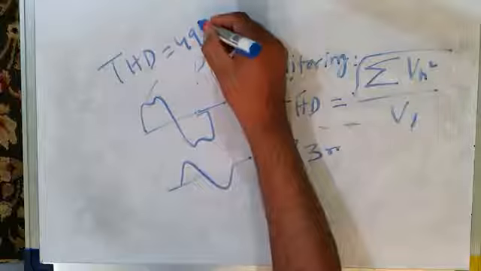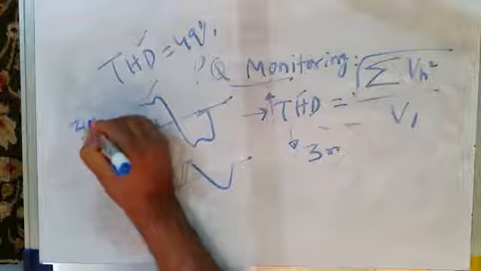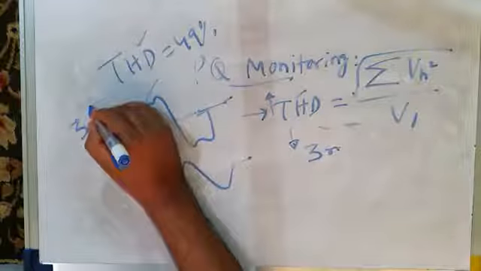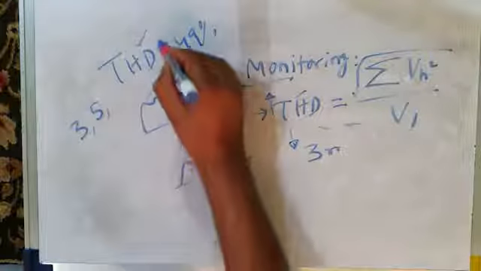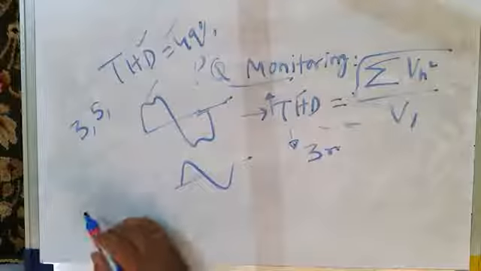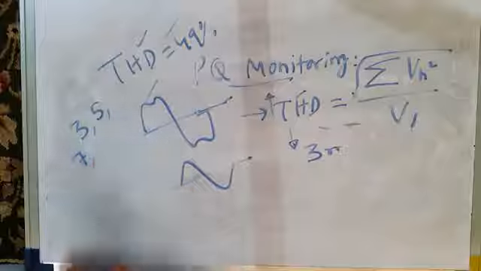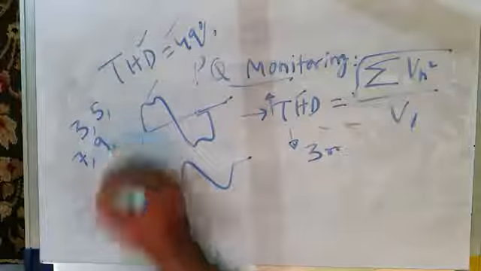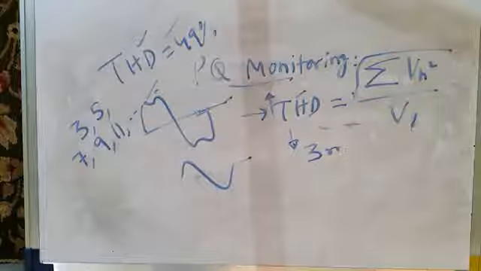So for designing the filter, you must know the contribution of all predominant harmonics, like what is the contribution of third harmonic, what is the contribution of fifth harmonic. I mean contribution means what is the percentage of third harmonic available in this waveform. What is the fifth harmonic? What is the contribution or magnitude of seventh harmonic? What is the magnitude of ninth harmonic, 11th harmonic? And you don't need to bother about higher order harmonics, because higher order harmonics have very small amplitude and they are not a cause of concern.